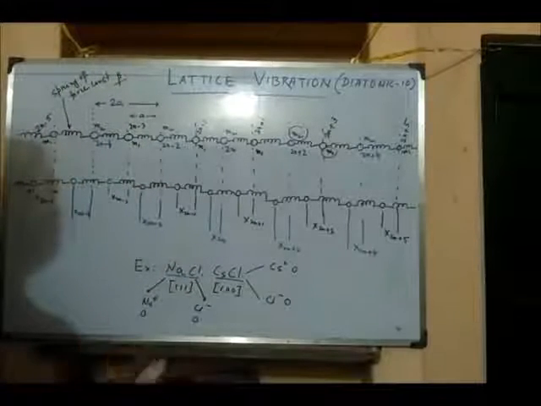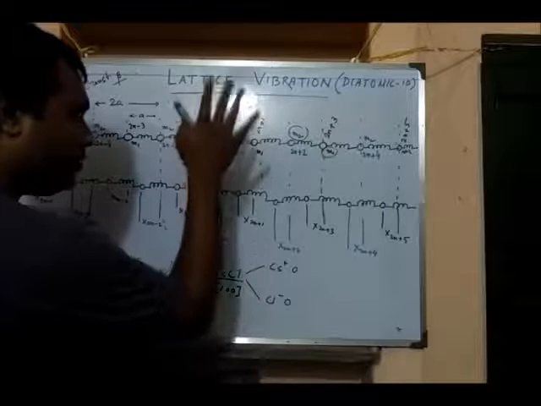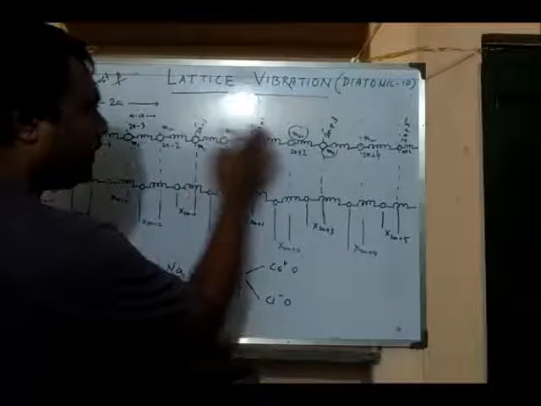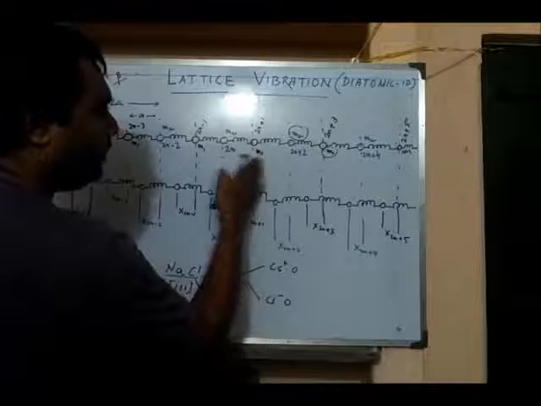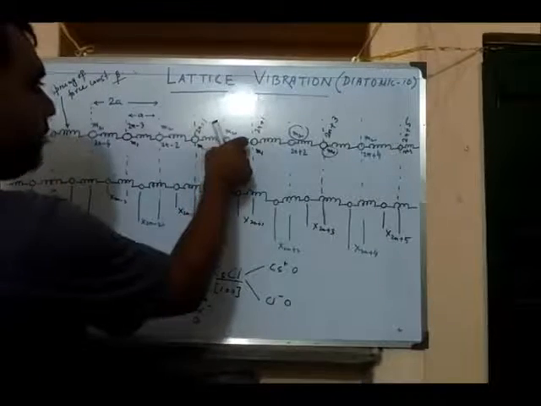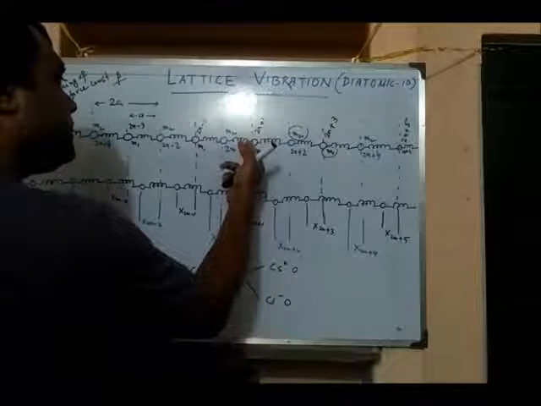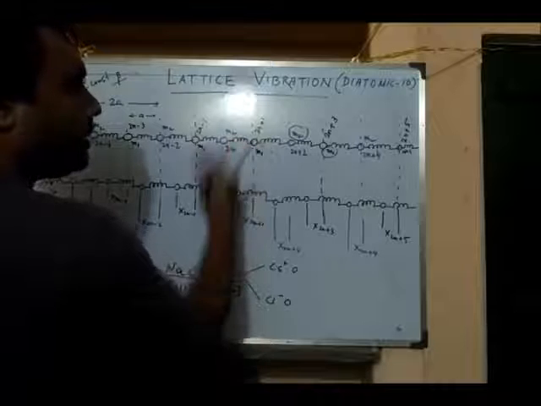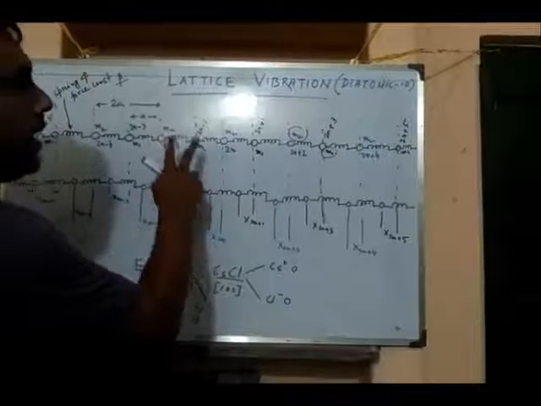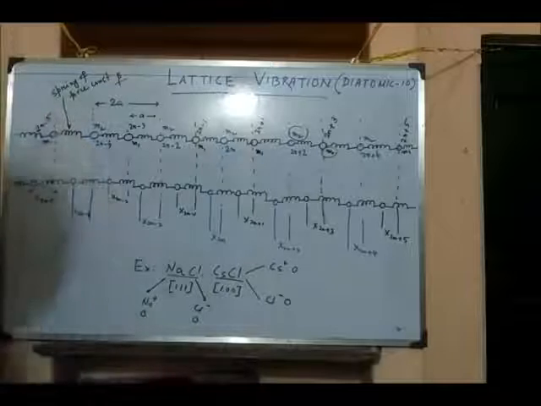Now, if you consider any particular atom, say this M2 atom, what happens for it? This M2 atom has neighboring atoms on the right-hand side, which is M1, and on the left-hand side, which is also M1. So when this M2 atom is displaced from its mean position, this spring will either elongate or compress, and on the other side this spring also either elongates or compresses according to the direction of displacement of this M2 atom, right?